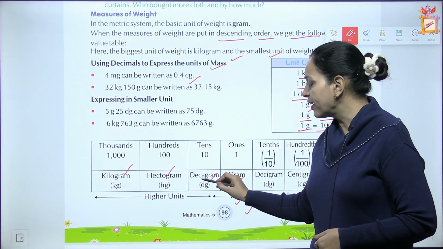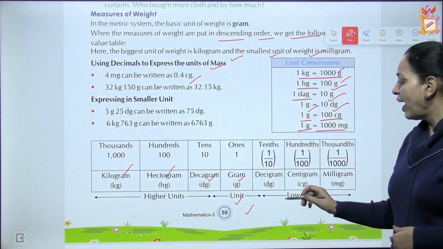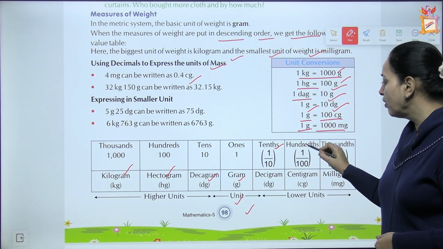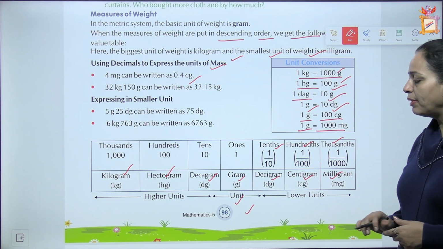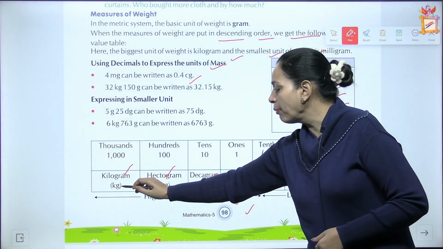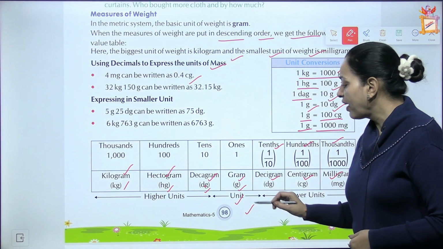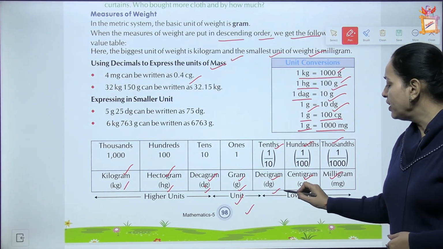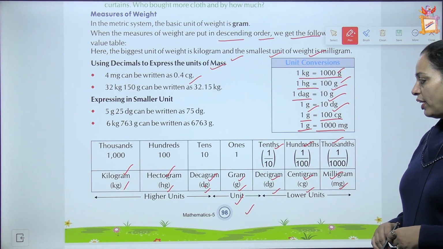So gram, decagram, hectogram and kilogram. And here we have 10, 100, 1000: decigram, centigram and milligram. And these are the short forms. So kilogram kg, hectogram hg, decagram dag, gram g, decigram dg, centigram cg and milligram mg, right?